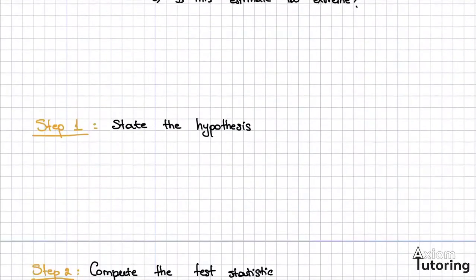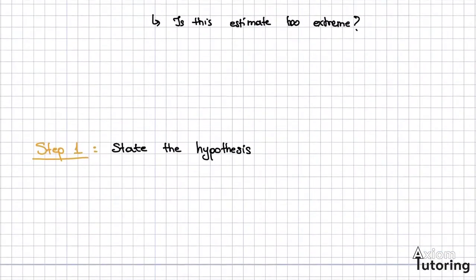The first step is state the hypothesis. Every hypothesis starts with two competing statements, as we've said. The null hypothesis, which is always that some beta is equal to 0. And then you've got the alternative hypothesis, which is the most common one, beta different from 0.